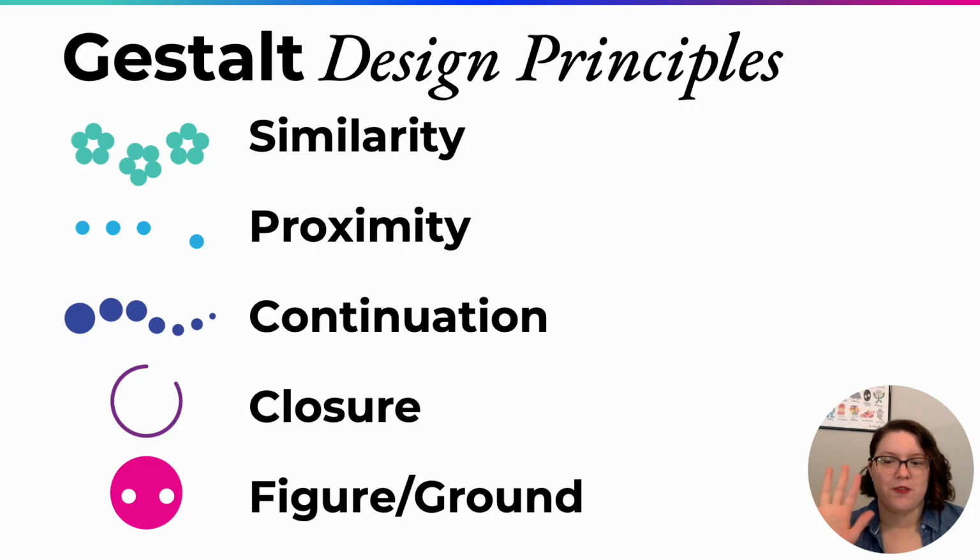So there are 5 to 11, depending on your sources and when in time you're looking at, because there were the initial 5 to 7, and then they kept building out as technology has evolved. But today we're going to focus on the 5 main Gestalt principles, which are similarity, proximity, continuation, closure, and figure ground.